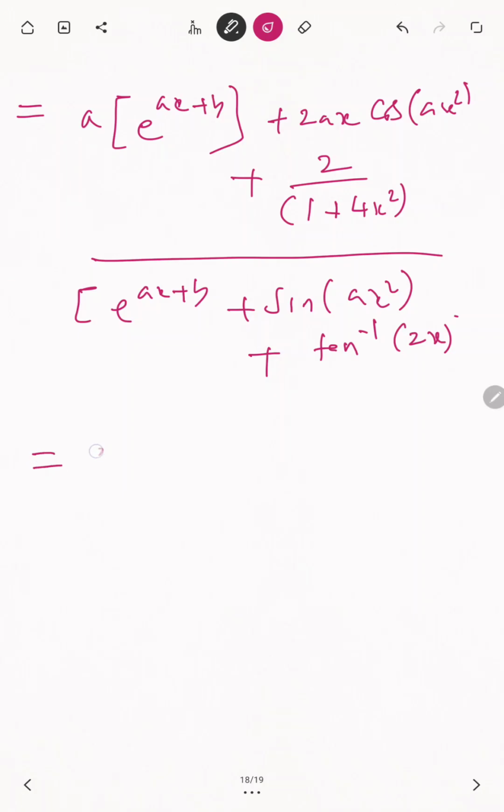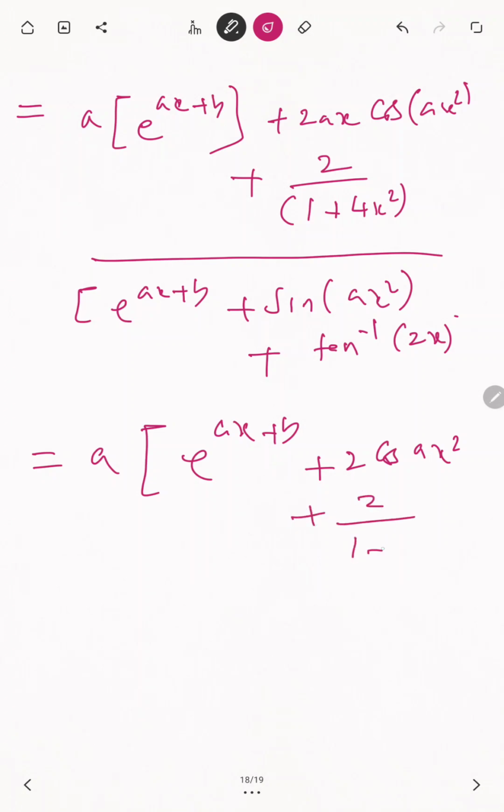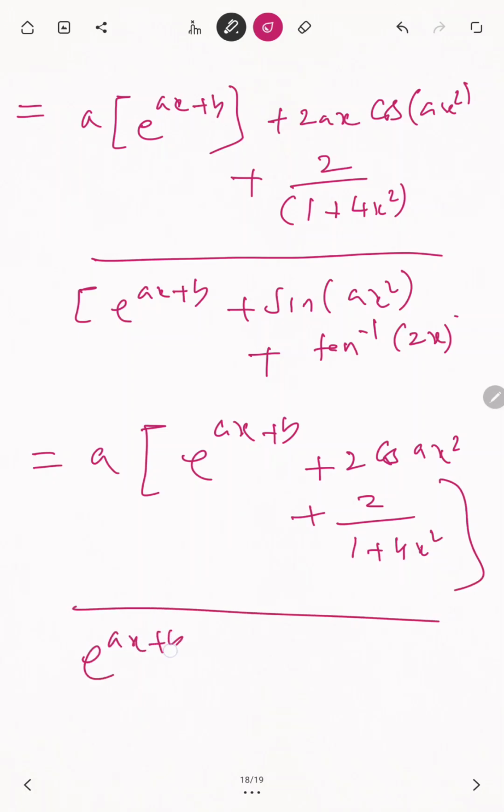You take a as common, then it will be e power ax plus b plus, only a alone taken common, then 2 cos of ax square plus 2 by 1 plus 4x square. Overall simplification by the same thing, e power ax plus b plus sin of ax square plus tan inverse 2x.